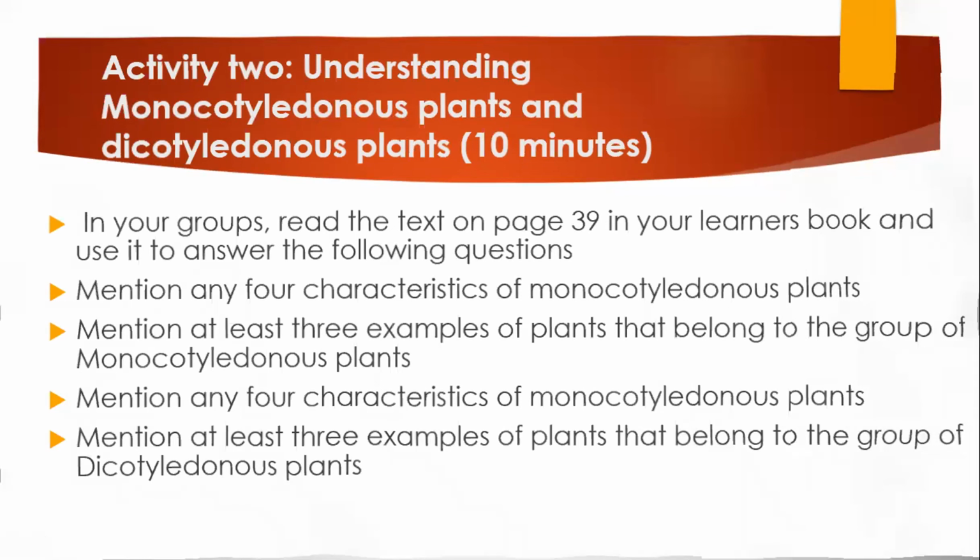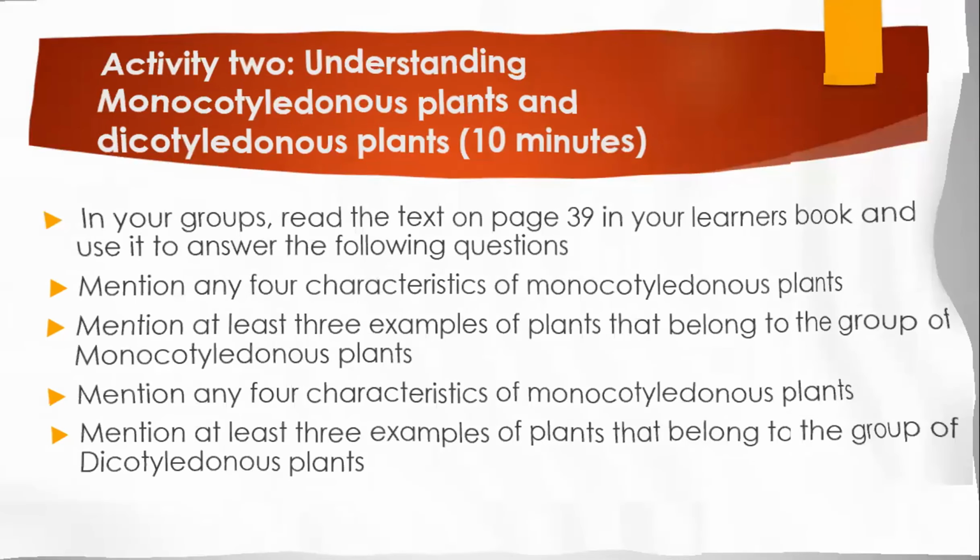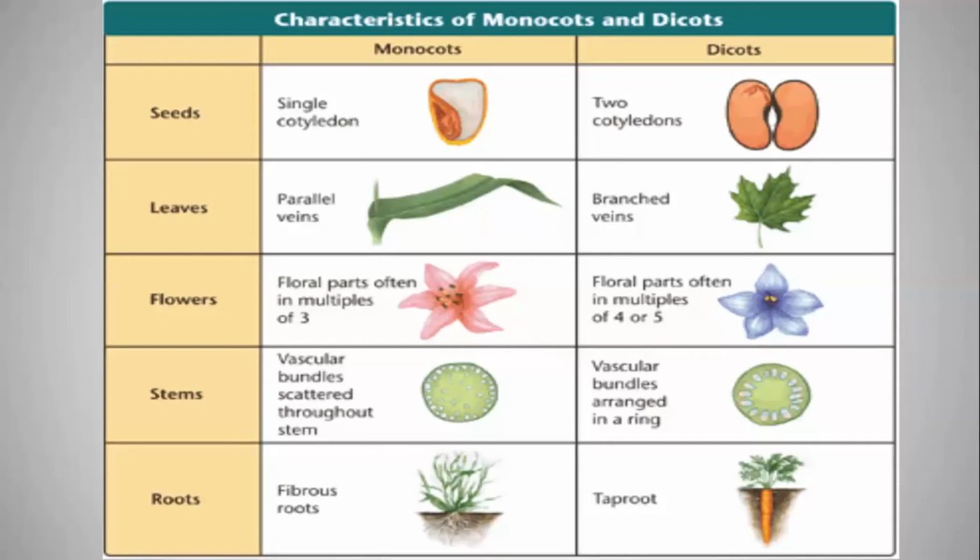So there I have the characteristics of monocotyledonous plants and dicotyledonous plants. If you look at their seeds, the ones of monocotyledonous plants have one cotyledon, while the seeds of dicotyledonous plants have got two cotyledons. Please, when you're answering this, be specific that cotyledons are in seeds.